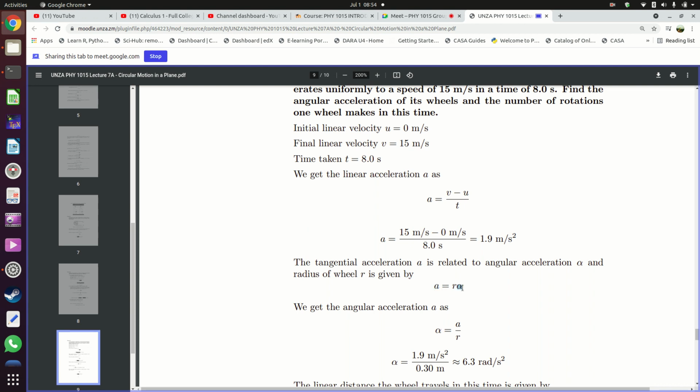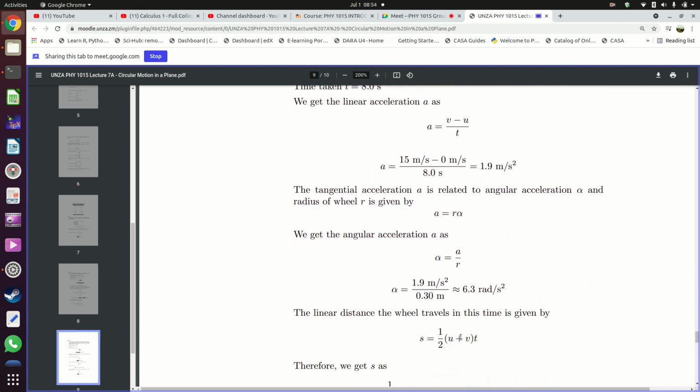What you're looking for is the angular acceleration alpha, so alpha is equal to a divided by r. Alpha is equal to 1.9 meters per second squared divided by the radius. The radius of 30 centimeters has to be changed into meters, which is 0.3 meters. So 1.9 divided by 0.3 gives an alpha equal to 6.3 radians per second squared.